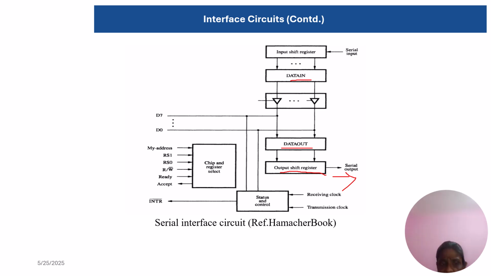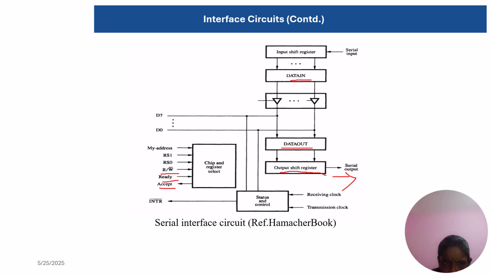For control, there is the status and control unit, with the receiving clock, transmission clock, interrupt, and chip and register select. The address comes from the IO side: register select RS1, RS0, the read or write operation, the ready signal, and the accept signal.